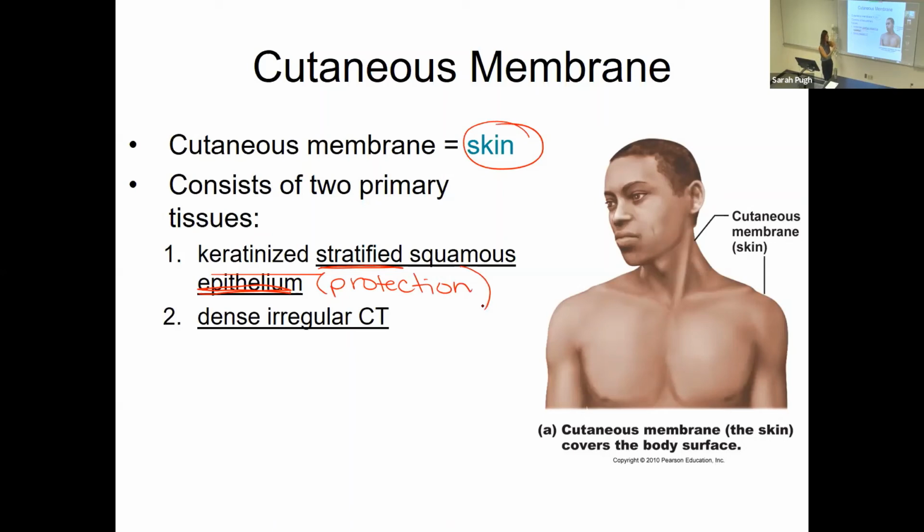Just under that, you have a dense, irregular connective tissue. Again, let's think about this one. This is the one where you have a lot of collagen fibers arranged irregularly. So it can withstand tension in lots of different directions.